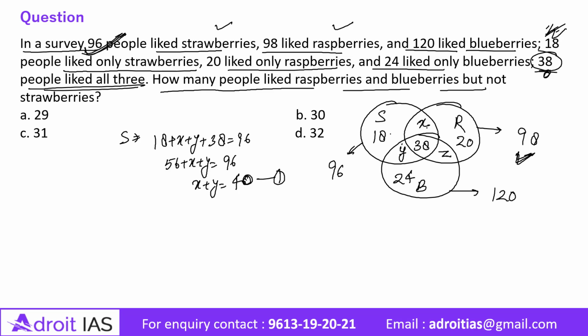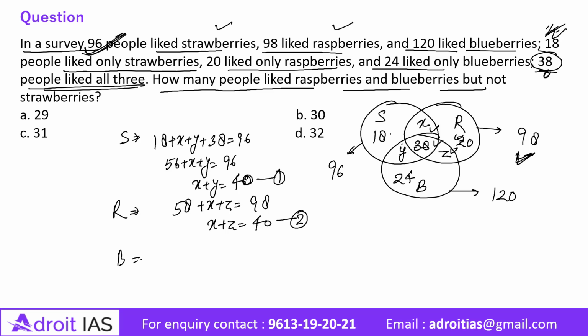Now for the raspberry region, we should have X plus Z plus 38 plus 20. 38 plus 20 is 58. So 58 plus X plus Z is equal to 98. This implies X plus Z is again equal to 40. Equation number 2.